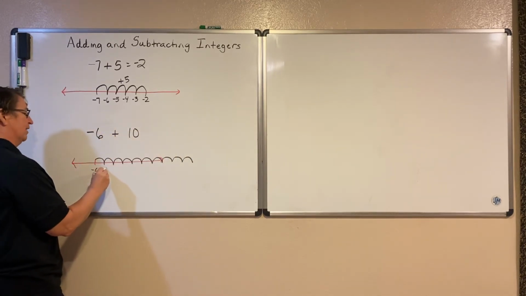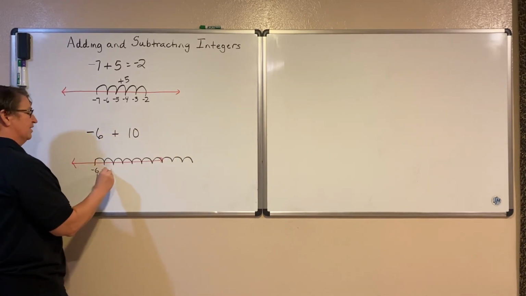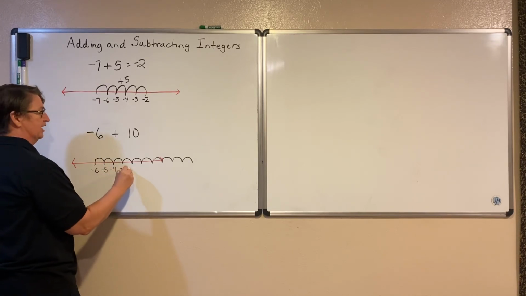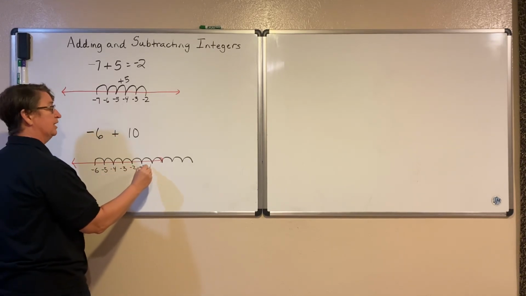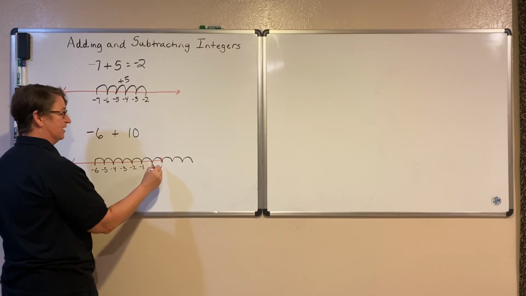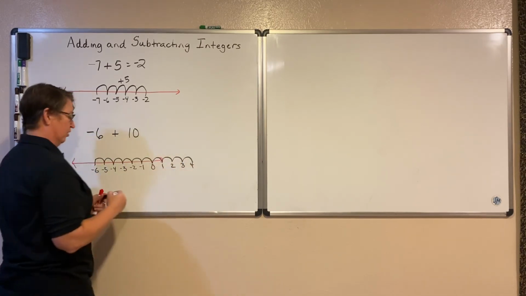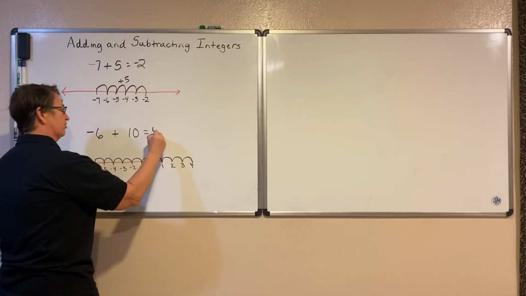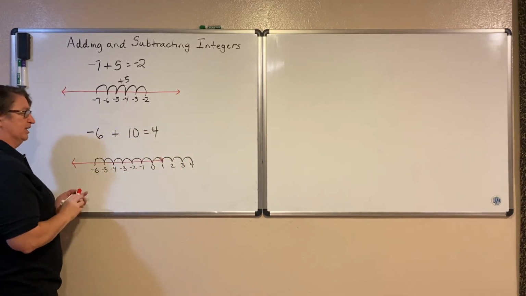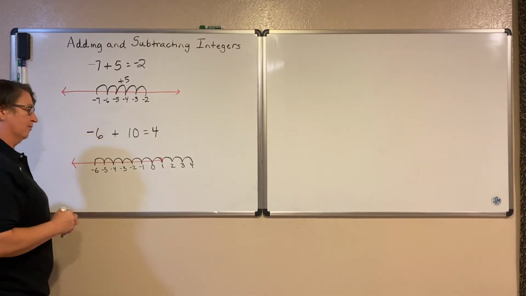And let's see where I am. -5, -4, -3, -2, -1, 0. Hey, this time I made it to positive land. 1, 2, 3, 4. So I'm sitting at 4. So -6 plus 10 is equal to 4.